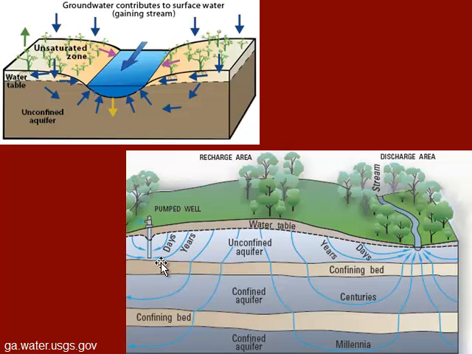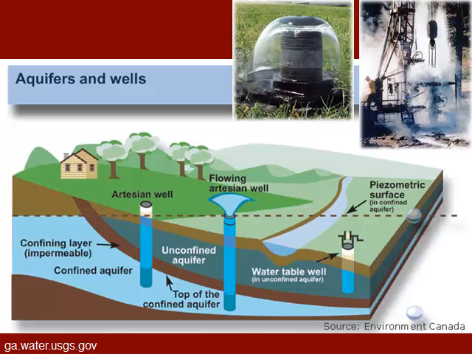So it's going to hold, trap water on one side or the other. The confined aquifer is going to have those confining beds on either side. So with that confined aquifer, the water gets in from someplace else and it gets basically trapped there until you drill a well into it to be able to pump the water out. And the deeper you go, the longer it takes that water to transmit from place to place.